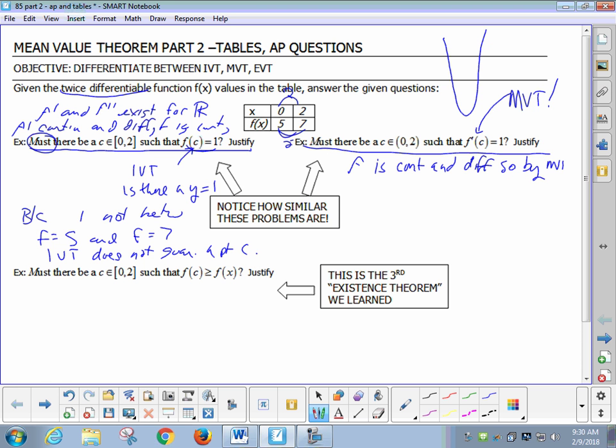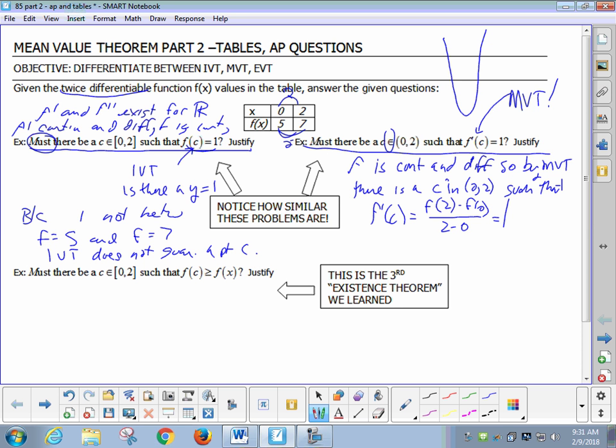So by MVT, there is a C in 0 to 2, this symbol is an element of, you can also just say in 0 to 2, whichever you prefer, such that F prime at C is equal to F at 2 minus F at 0 over 2 minus 0. Don't go B and A, go specific to this problem. You follow? So that's an MVT with the table kind of approach.